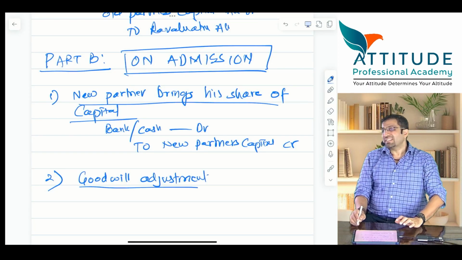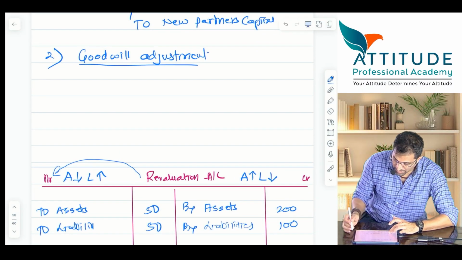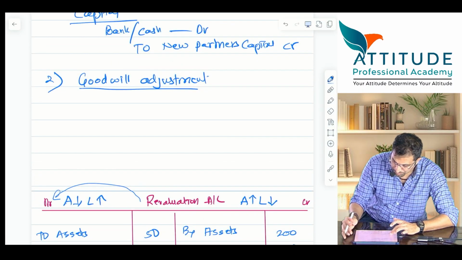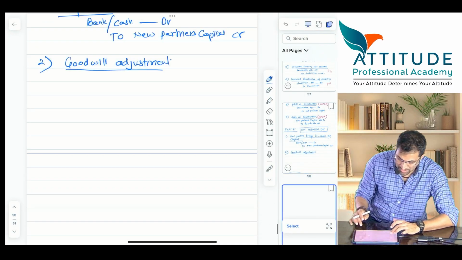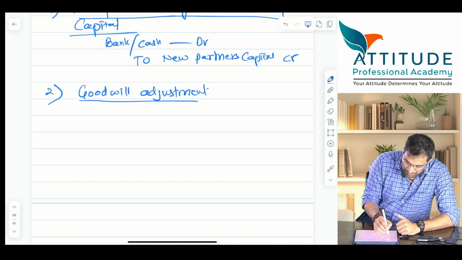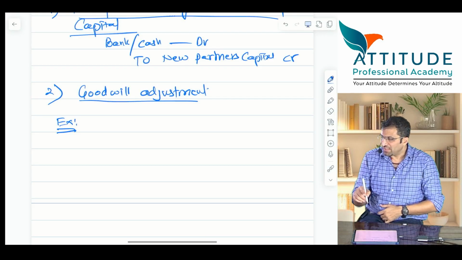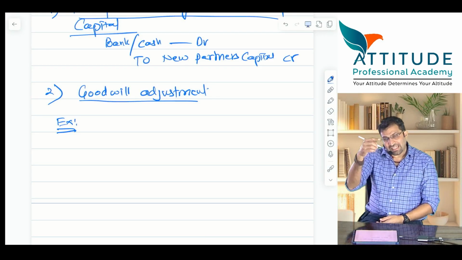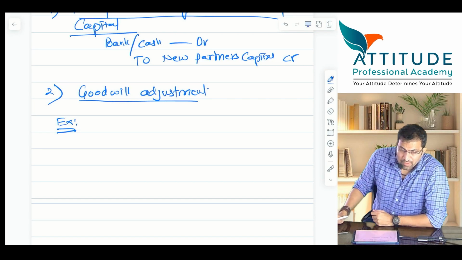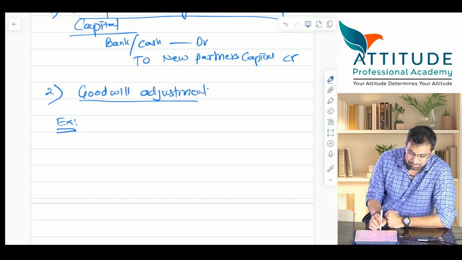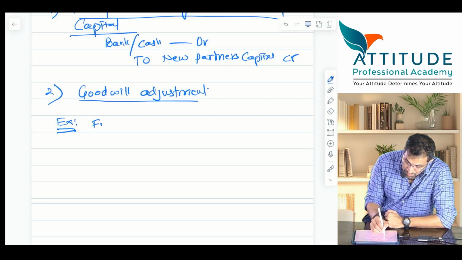Now, for this there are cases. Let us take the first example. Based on this example, we will solve the sum, and I'll give you a good number of cases of goodwill. Is that clear? First, the firm's goodwill.